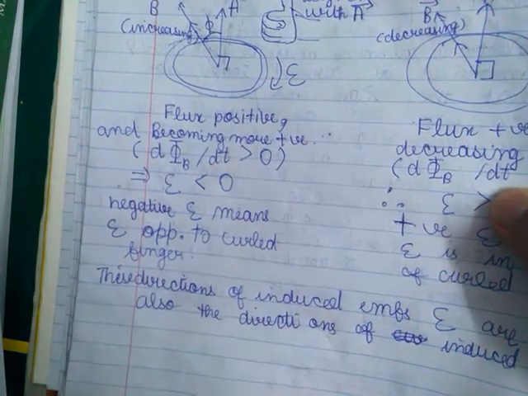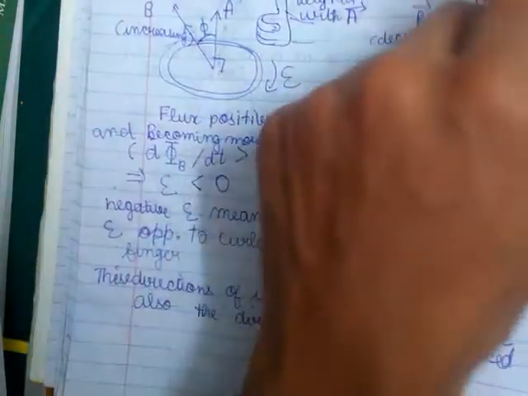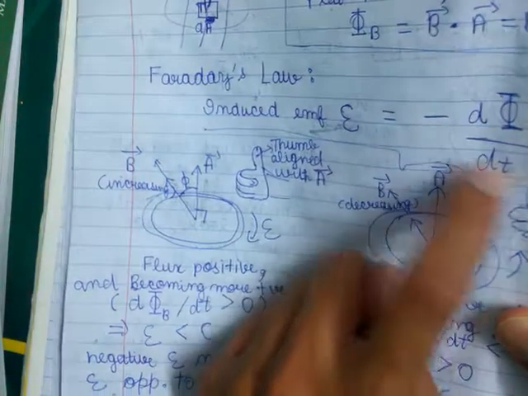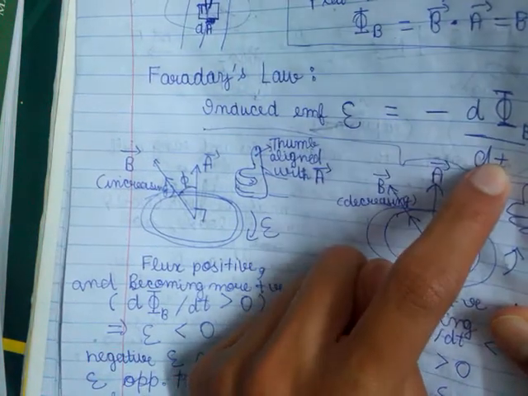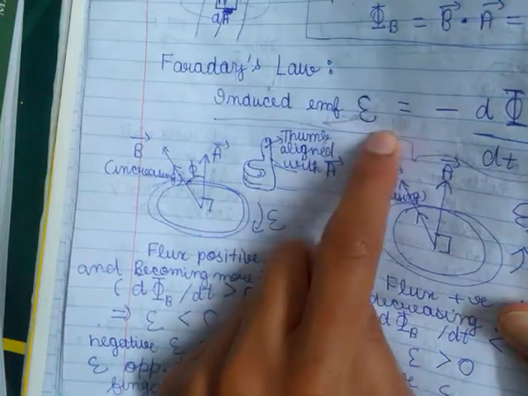So a conclusion is that when the magnetic flux is increasing, d phi dt is positive and the induced EMF is negative.